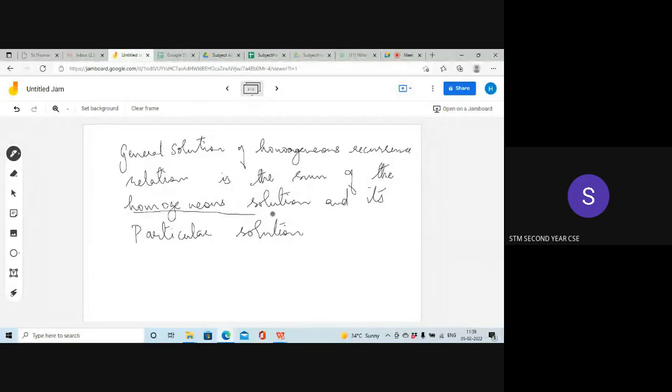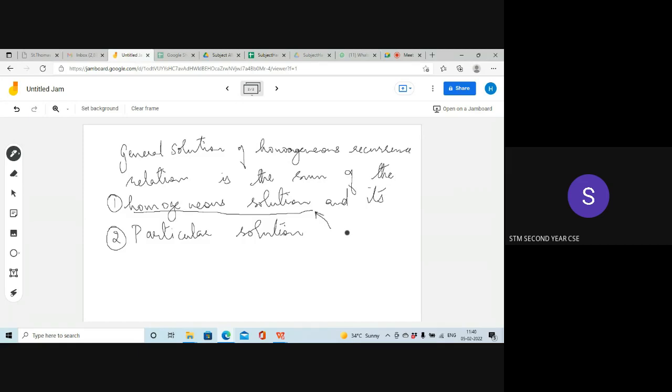We already saw in the previous examples how to find the homogeneous solution. The same method is used to find the homogeneous solution here also, but in addition you have to find a second solution, which is called the particular solution.